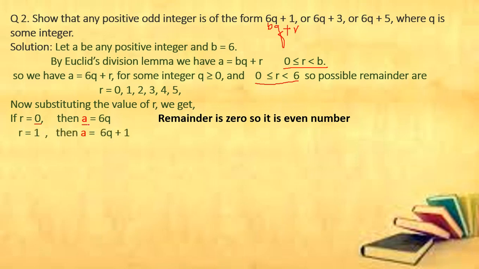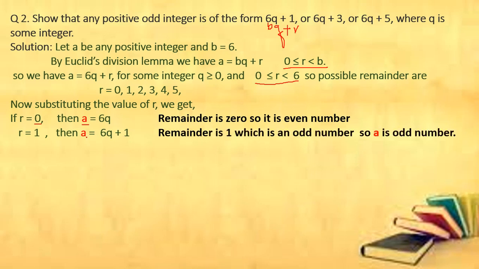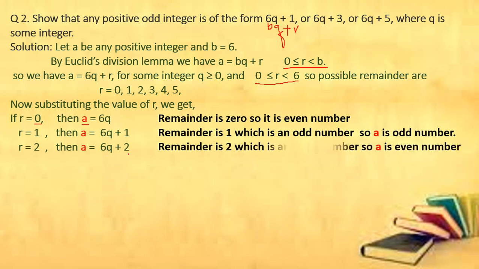Now put r equal to 1, then a equals 6q plus 1, and since the remainder 1 is an odd number, a equals 6q plus 1 is odd. Similarly, when r is 2, the value is 6q plus 2, and since 2 is even, a equals 6q plus 2 is an even number.